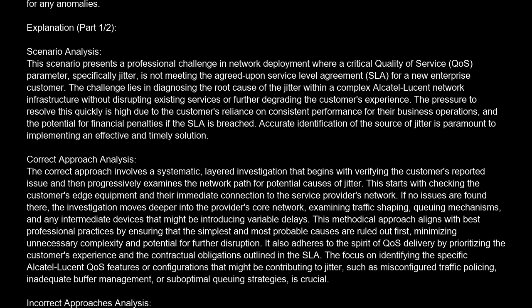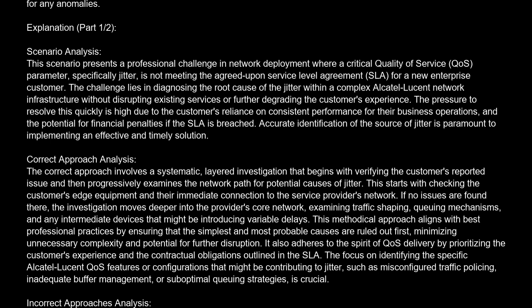Correct approach analysis. The correct approach involves a systematic, layered investigation that begins with verifying the customer's reported issue and then progressively examines the network path for potential causes of jitter. This starts with checking the customer's edge equipment and their immediate connection to the service provider's network. If no issues are found there, the investigation moves deeper into the provider's core network, examining traffic shaping, queuing mechanisms, and any intermediate devices that might be introducing variable delays.